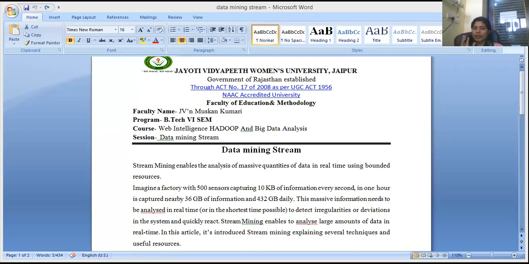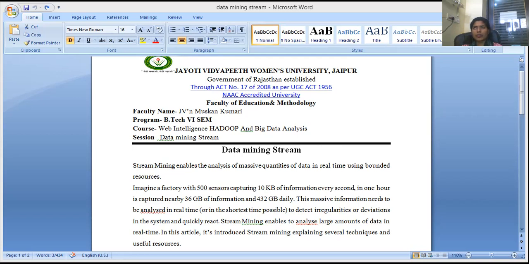The techniques we implement over the database get fast and relevant data from that massive amount of data. And over that, we are implementing some techniques which perform in real time. So these are known as the mining techniques.